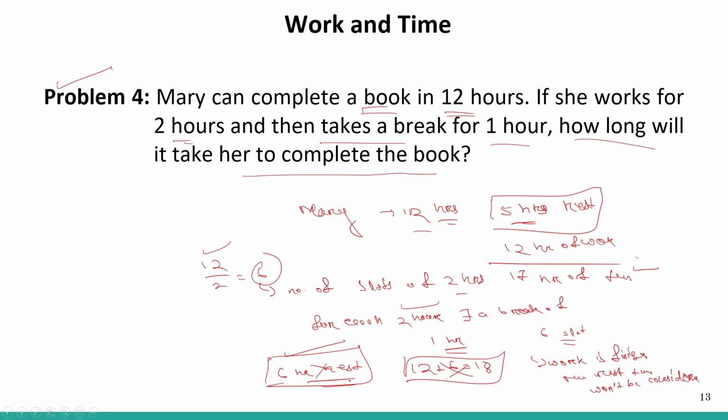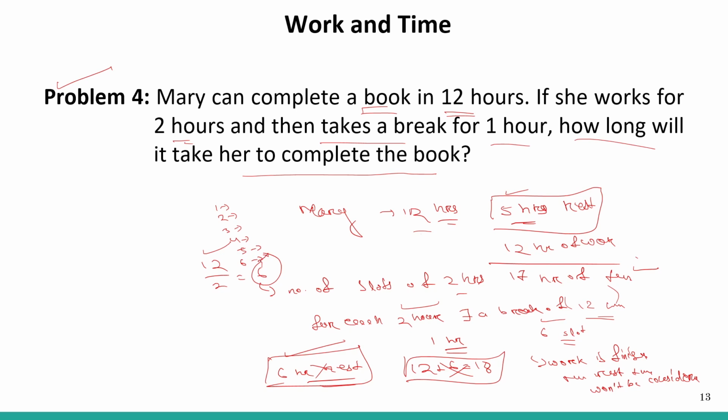But here is the tricky part. After doing the 6th slot, 12 hours of work is completed, so the job is done here. So the rest period won't be considered. Only 5 hours of rest: the rest after the first slot, then after the second, the third, the fourth, and the fifth.